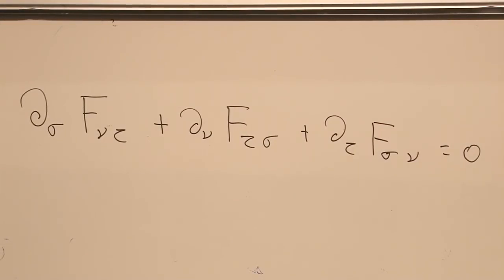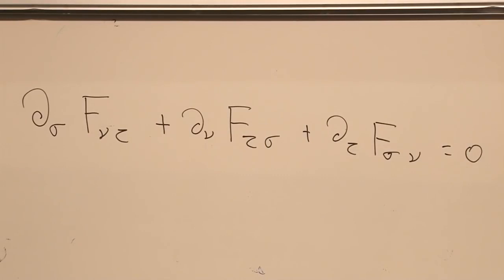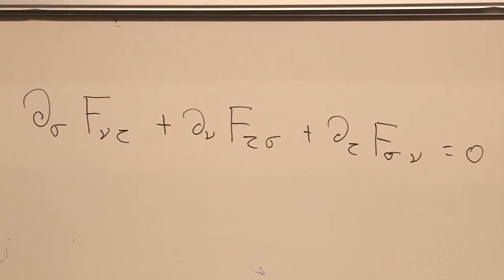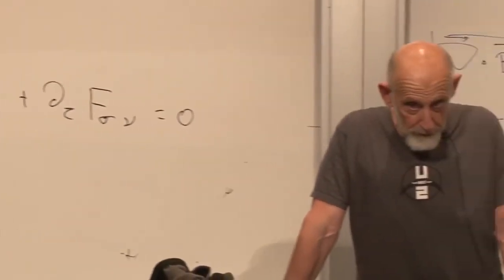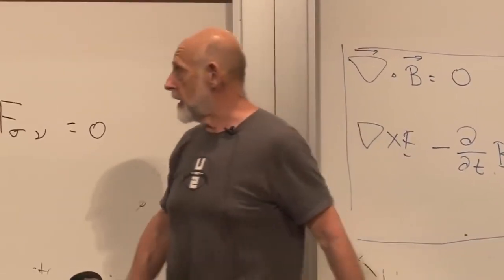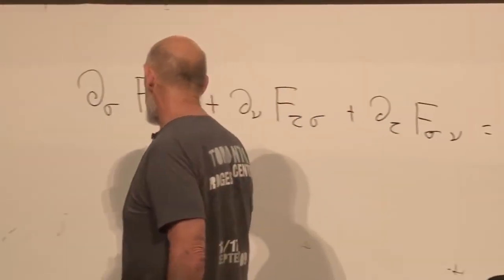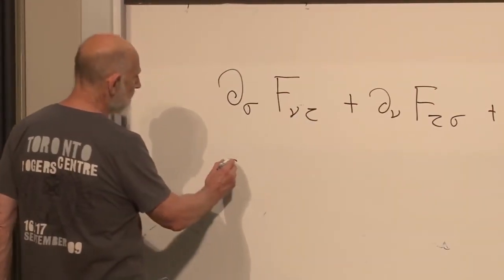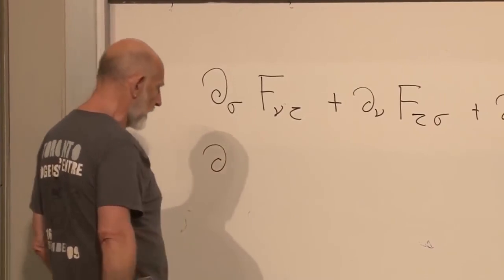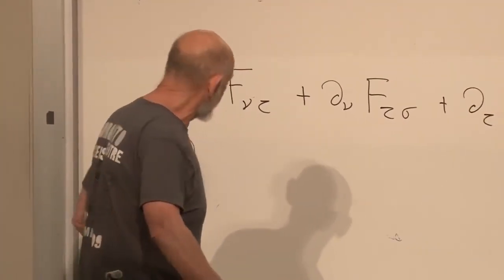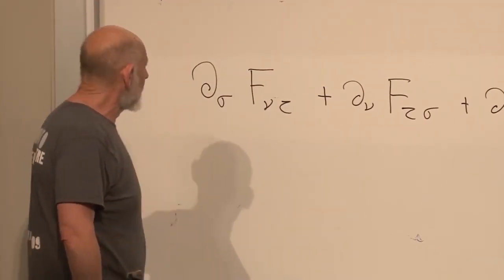Let's just check. The way to do this is just to go through them and check. In particular, let's take the case first where all 3 indices, sigma, nu, and tau, are space components. Let's see what this says if sigma, nu, and tau are space components. I'm getting a little tired, but let's go through it.